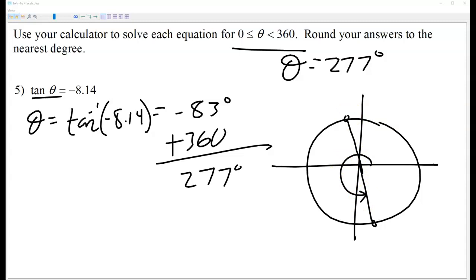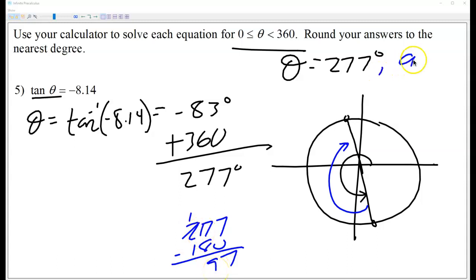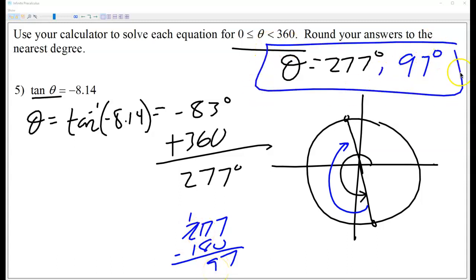I don't want to find the other one by going this way, because if I do that, I'm going to be adding 180 to this, which is going to go past 360. I don't want that. So what we're going to do instead is we're going to go the other way. I'm going to subtract 180 from it to find the other answer, which is over there. So 277 minus 180 would be 97 degrees is my second answer. Okay, and there you guys have it.